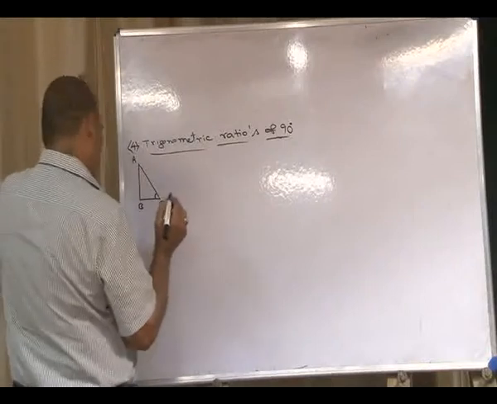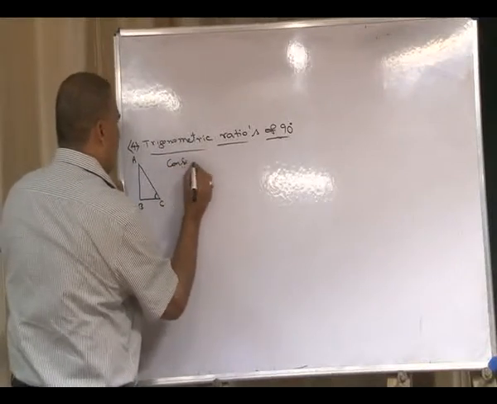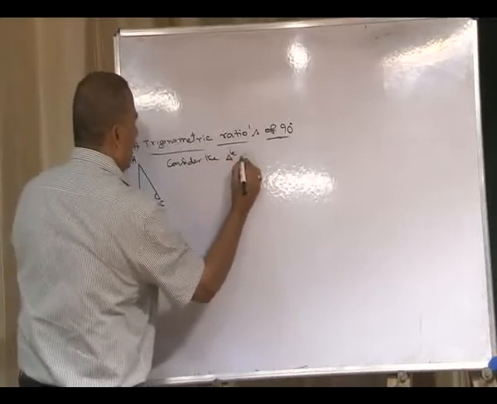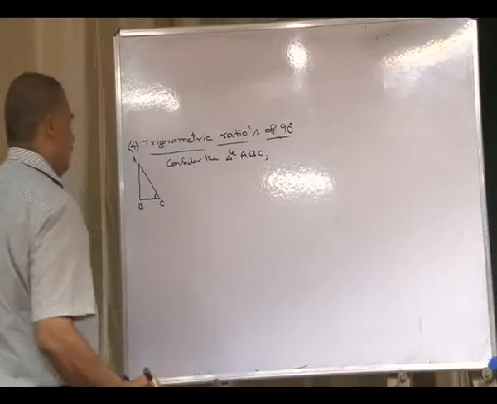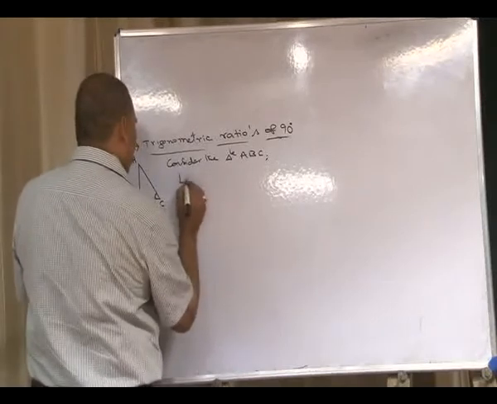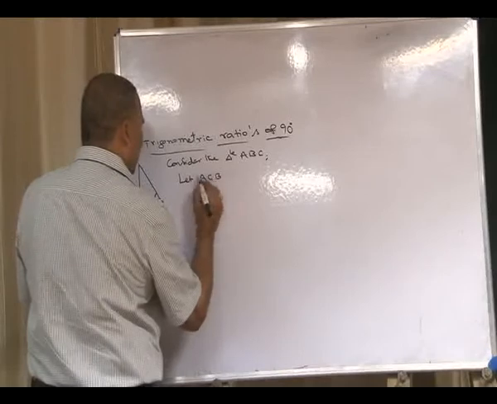Here consider the right angle. Consider the triangle ABC. Let angle ACB equal 90 degree.